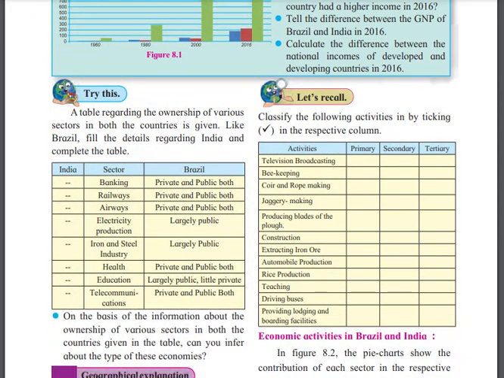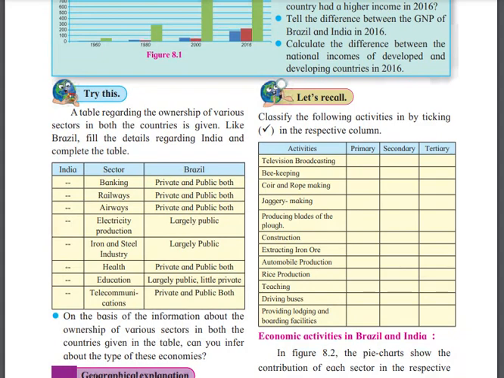Now a table regarding the ownership of various sectors in both countries is given. Like Brazil, fill in the details regarding India. Like banking, private and public both. Banking is also there in Brazil. Railway, private and public both.